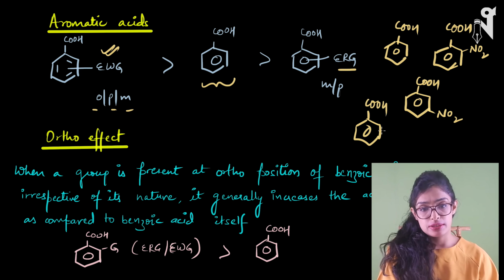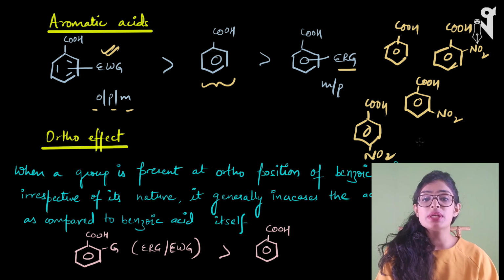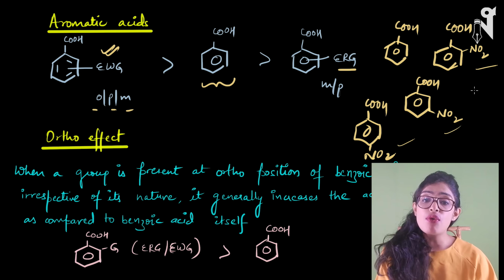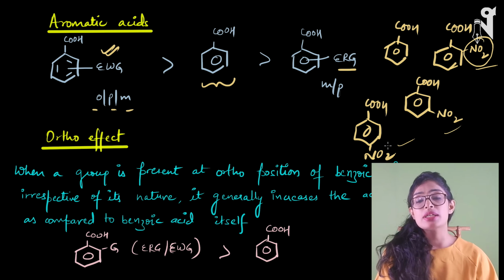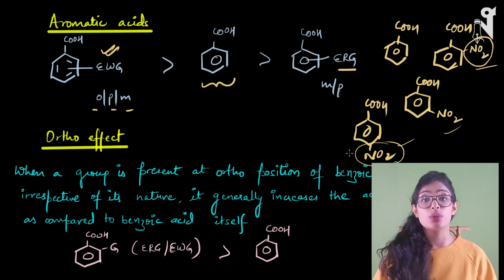In either case, this NO2 is going to be an electron withdrawing group. In the case of ortho and para, it is resonance based. Basically, resonance impact is on ortho and para.